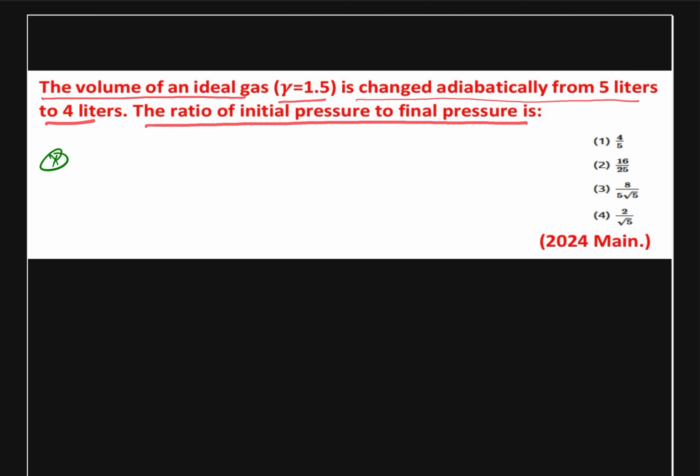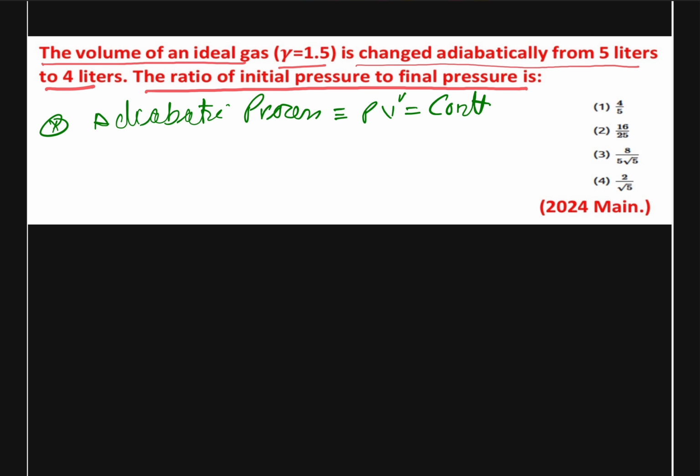So we have our adiabatic process, which gives us that PV raised to power gamma is equal to constant, and which can be further written as P1 V1 raised to power gamma is equal to P2 V2 raised to power gamma.